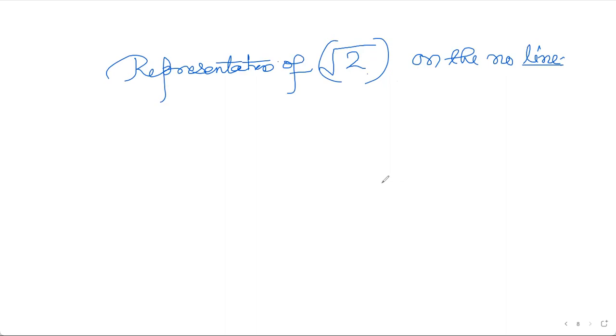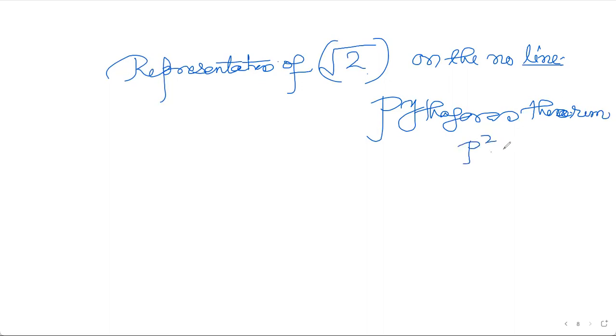For this I use a little bit of geometry and the Pythagoras theorem. The Pythagoras theorem says that in any right triangle, perpendicular square plus base square equals hypotenuse square.